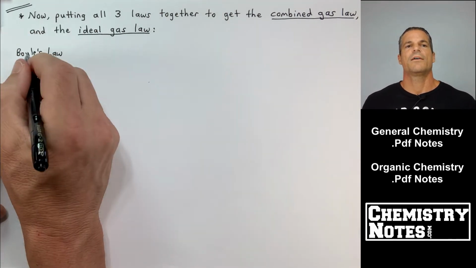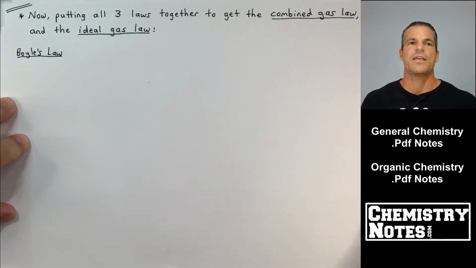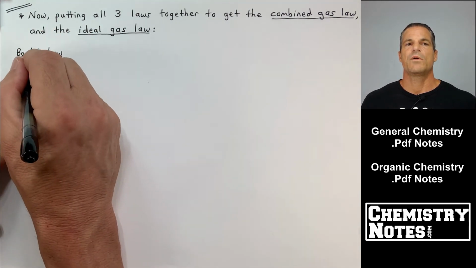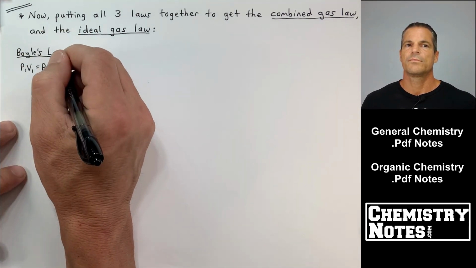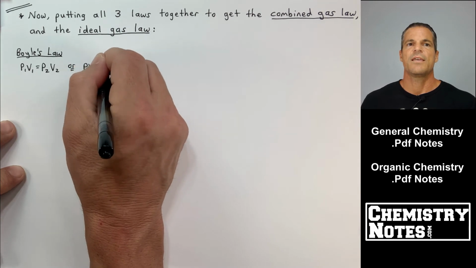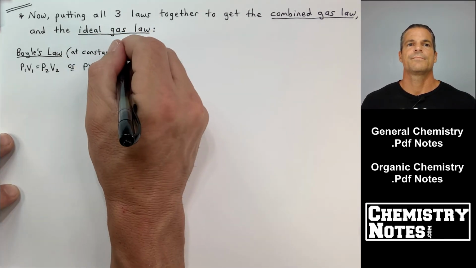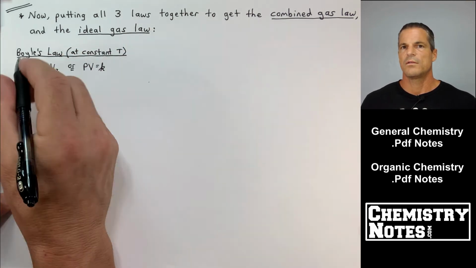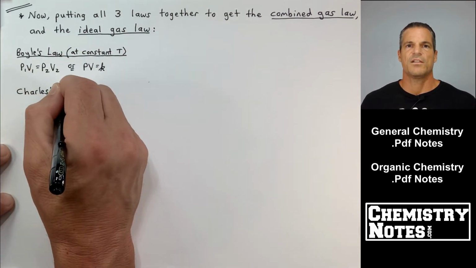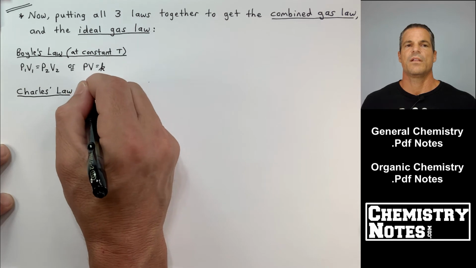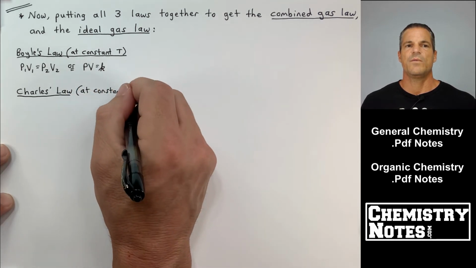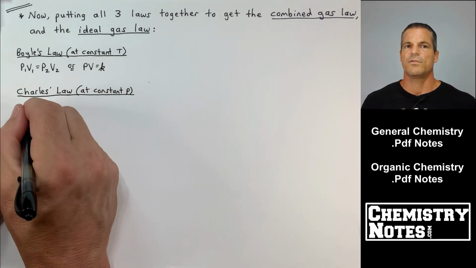So Boyle's law. Boyle's law was the first law we did today. We got P1V1 equals P2V2. Or you could say that PV equals K. Charles' law was the second law that we did of the 3 laws. And this one was V1 over T1 equals V2 over T2.